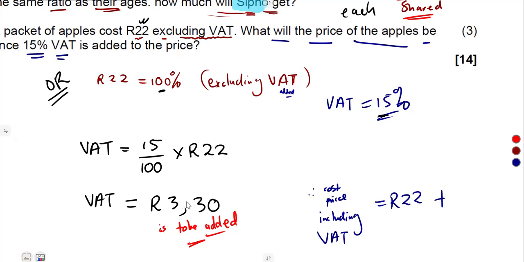You must add it. It's added always. 3 point what? 3.30. So that was it. You're going to obtain 25.30. So this is it as your final answer, including the VAT. So this is what you're going to have.